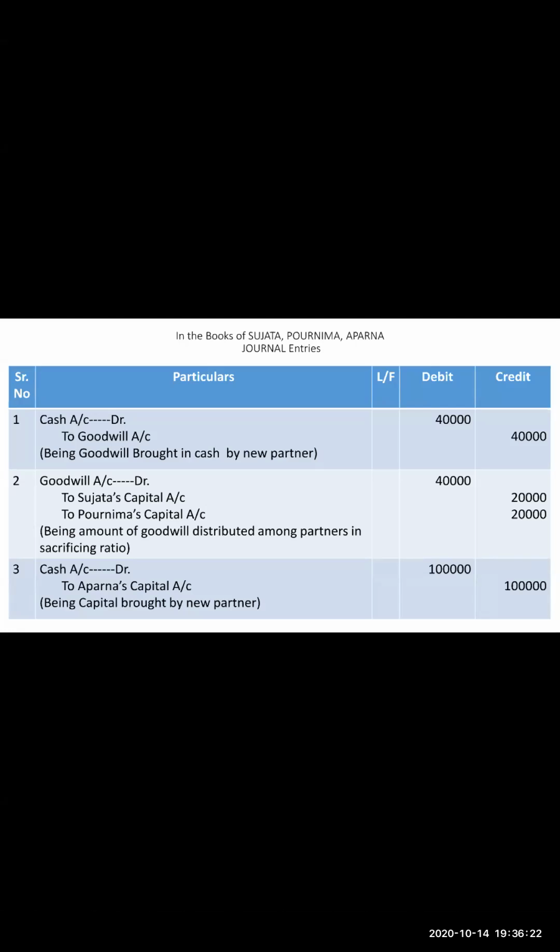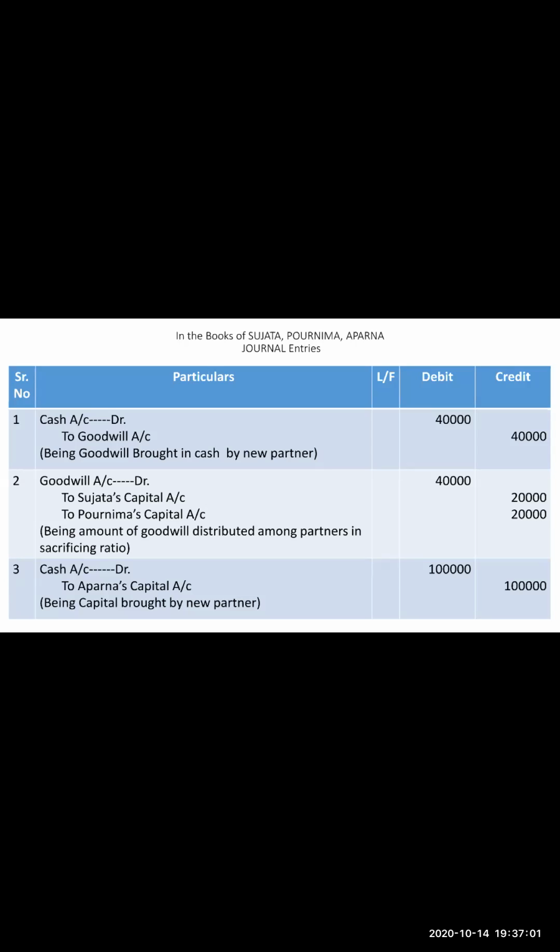So that's why our second entry will be goodwill account debit to Sujata's capital account and Purnima's capital account, being amount of goodwill distributed among old partners in sacrificing ratio, which means you have to calculate the sacrificing ratio in this case, right? So using the sacrificing ratio, you have to divide the amount of Aparna's goodwill among the old partners.